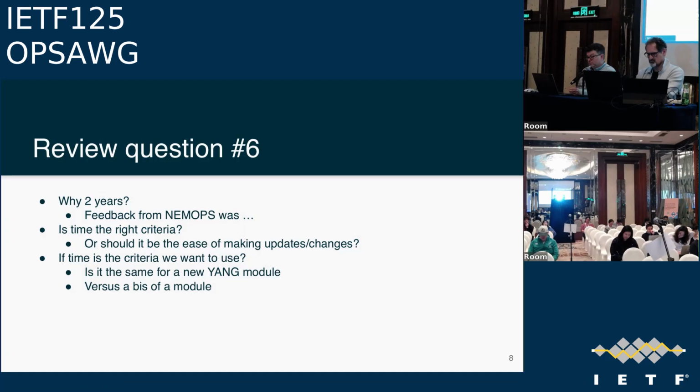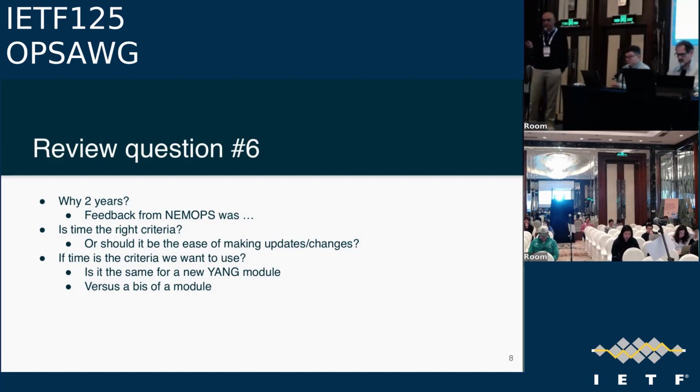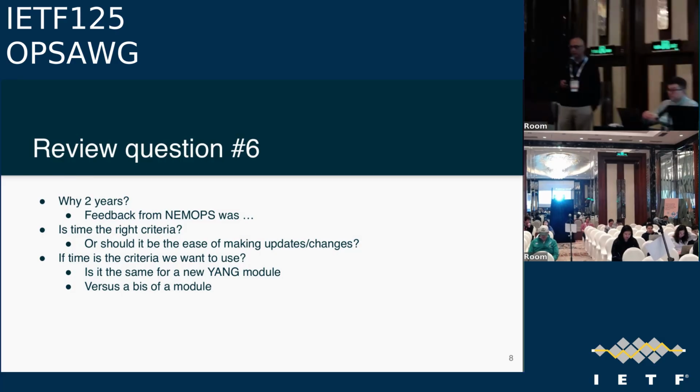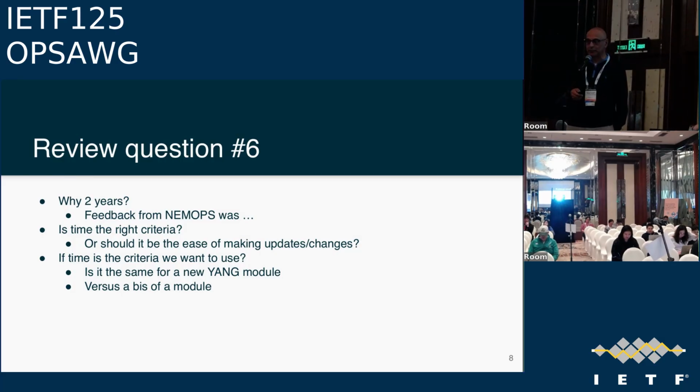Good observation. I would tend to agree that, yeah, things would move faster if we got review comments. The other thing I would agree with is that the criteria that I set, 2 years, may not apply equally to new Yang modules versus BIS versions of the modules. So I will admit that new Yang modules do take a little longer than BIS versions to churn.